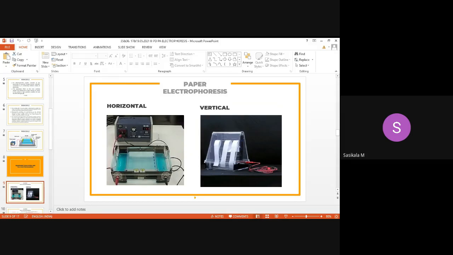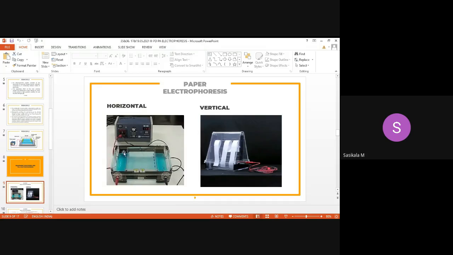Now let's see the equipment for paper electrophoresis. It is available in two kinds: horizontal paper electrophoresis and vertical paper electrophoresis. Horizontal means like radial chromatography, where we run in a horizontal position. The paper is kept on a flat surface and the sample is spotted on one side. The blue colored part is the conducting medium, the mobile phase, in which the paper is immersed.